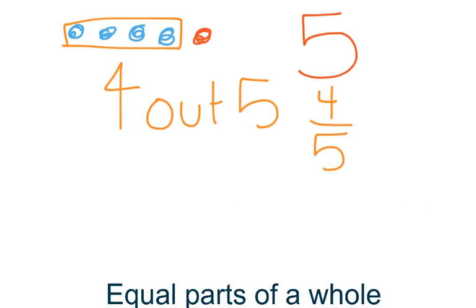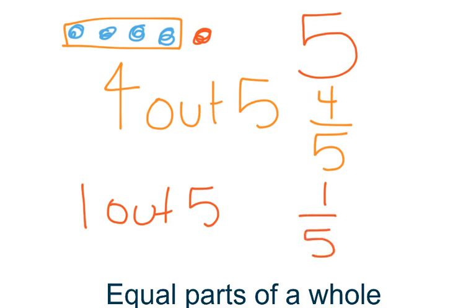Or I could talk about that I have this one red dot. So I might think of it as 1 out of 5 or 1/5. So we can use numbers in many different ways to represent pictures, our words, and some of the thinking that we'll be doing.